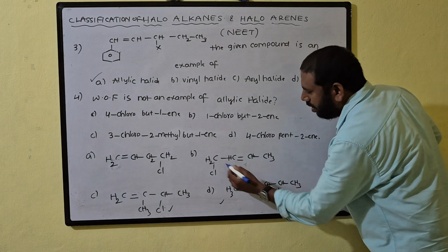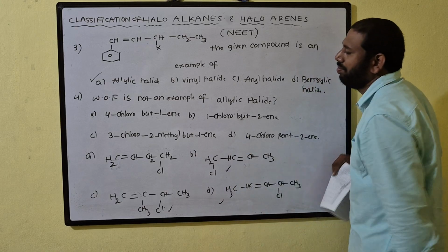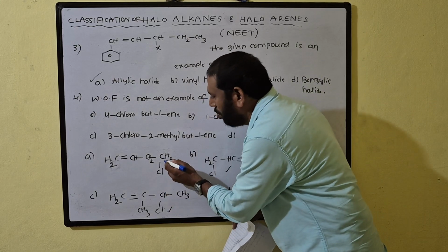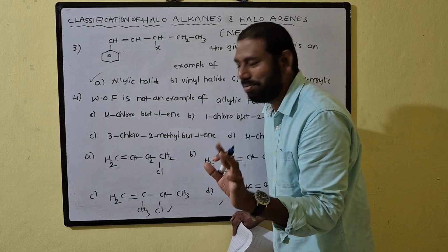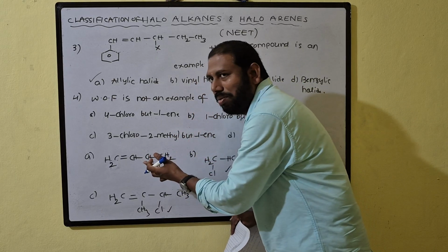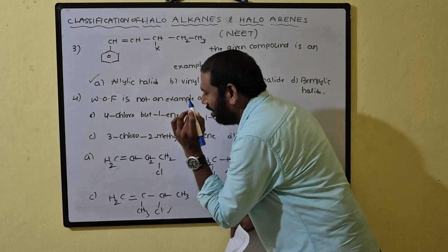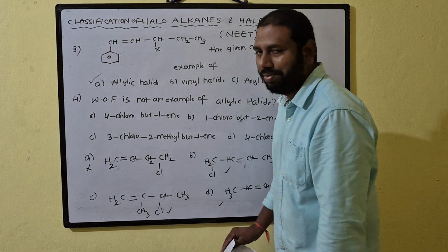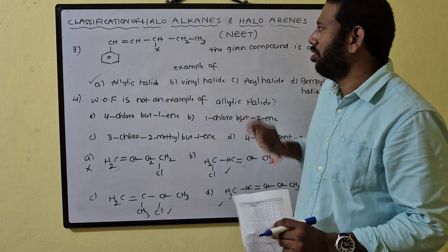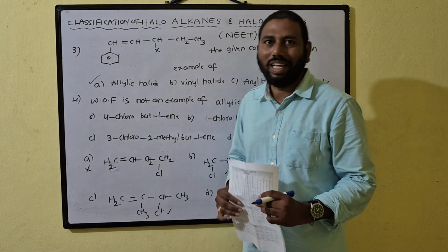Option C is also an allylic carbon, so it is an allylic halide. Here the halogen is attached to this carbon, which is not an allylic carbon because it is not attached to a double bonded carbon. So that's why it is not an allylic halide. Option A is the correct answer. Right. In this way, you can explain haloalkanes and haloarenes classifications. Thank you for watching.